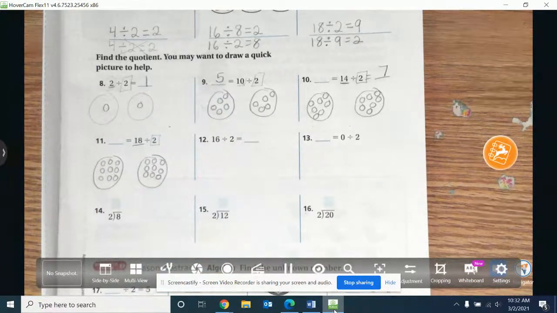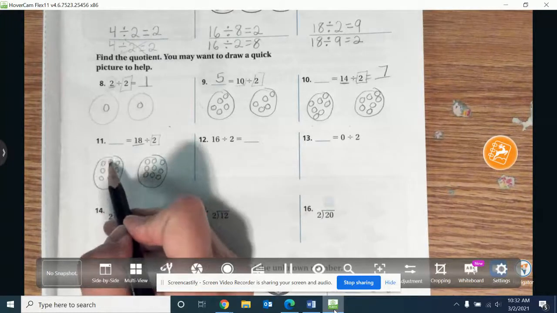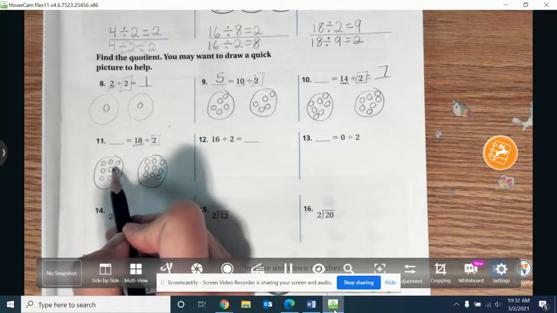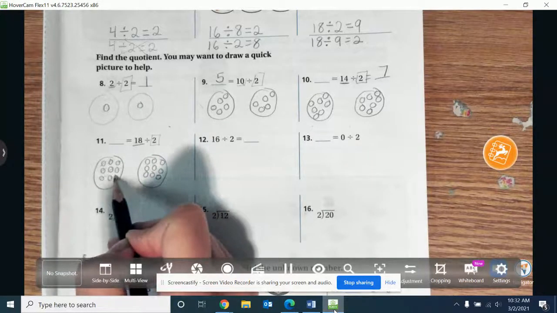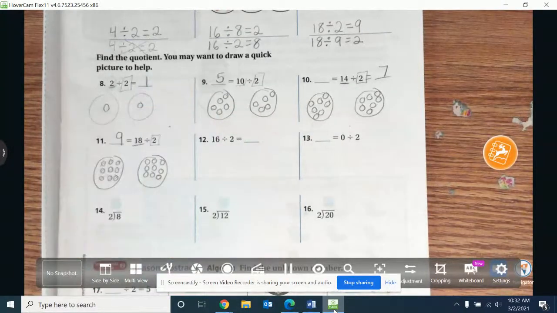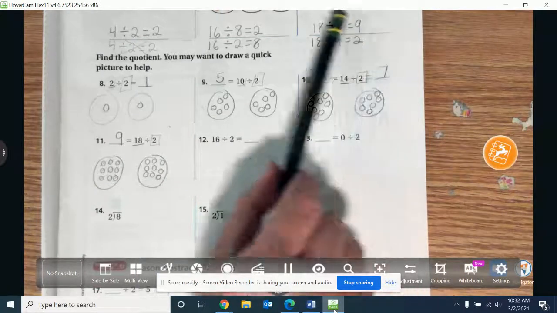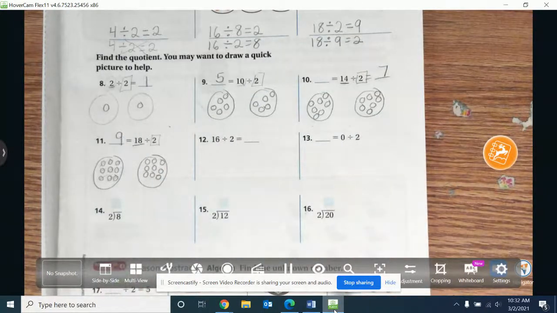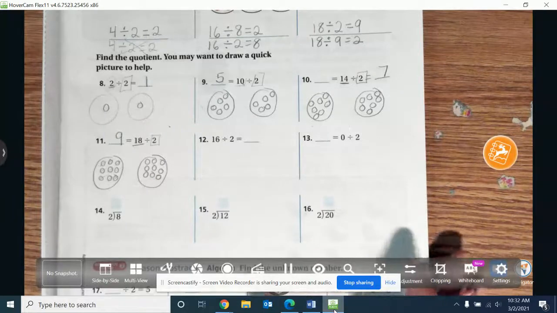How many counters are in each group? 1, 2, 3, 4, 5, 6, 7, 8, 9. The answer is 9. Again, you need to be writing this with me. I'm going to need a picture as evidence that you did the work.